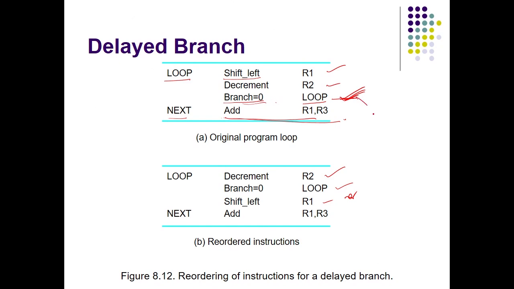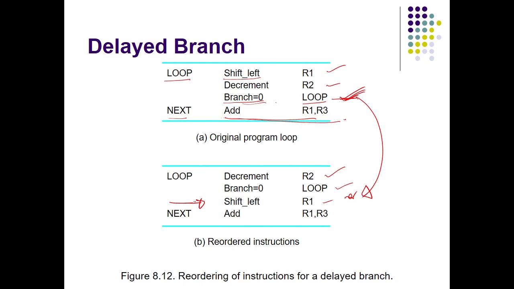We move it from here to here. This is something called the branch delay slot. Whatever location is after the branch instruction is called the branch delay slot. In the branch delay slot we put some useful instruction. How is it useful?